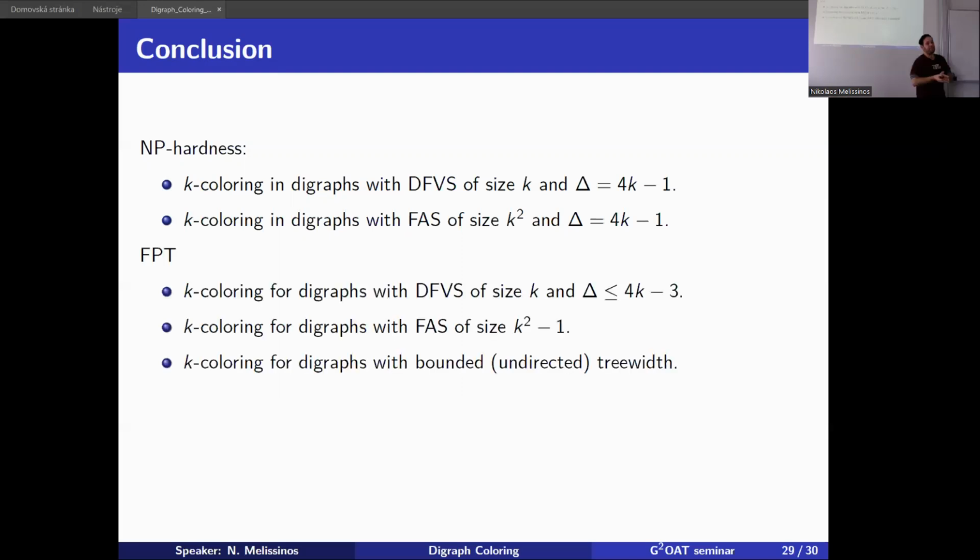We saw that the problem becomes FPT when the directed feedback vertex set is k, but the maximum degree is at most k minus 3. The same holds for feedback arc set of size k square minus 1 and with treewidth. And here, let me say that those first two dots become obvious if someone knows that directed feedback vertex set is FPT by its size, and the same for feedback arc set, otherwise it's not obvious.